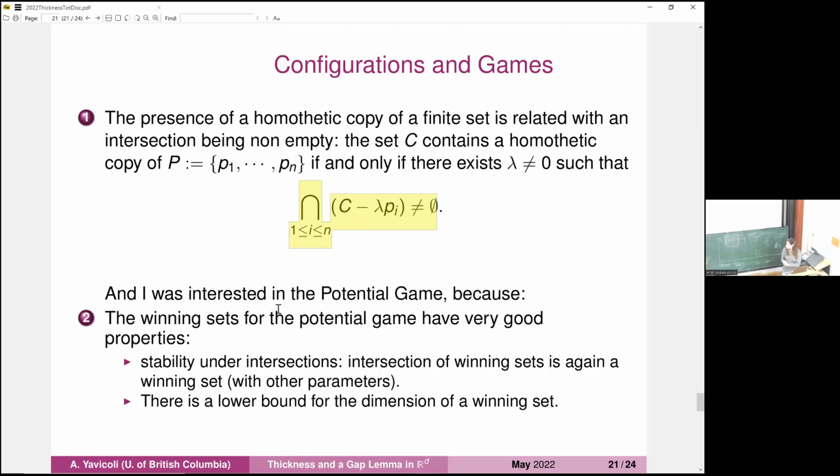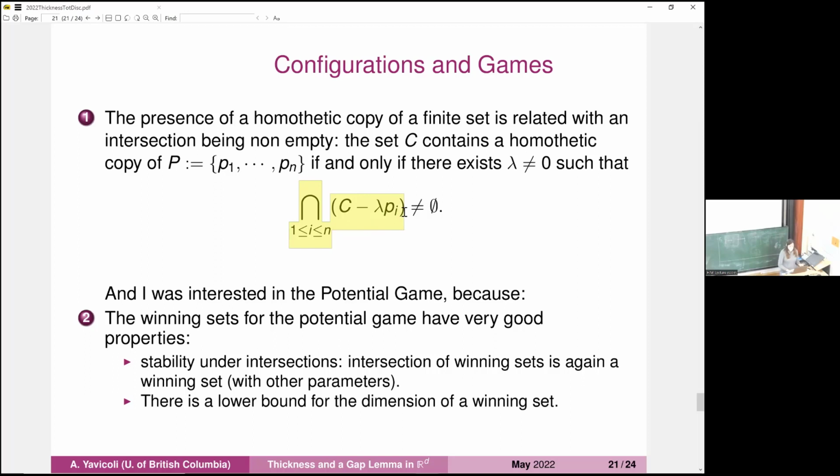And I was interested in the potential game I mentioned before, because the winning sets for the potential game have very good properties. If this set C is winning with certain parameters, this translation is also winning. The intersections are also winning with other parameters, but we know how they behave.